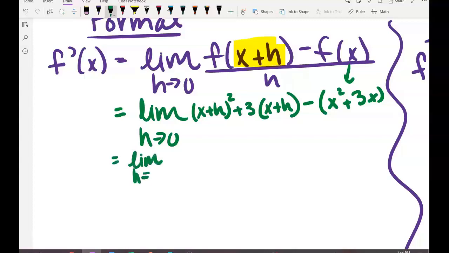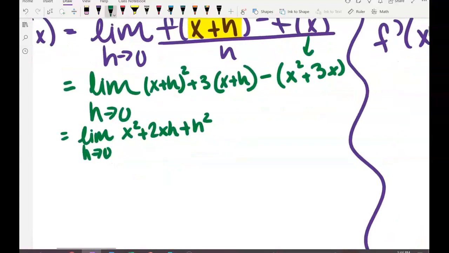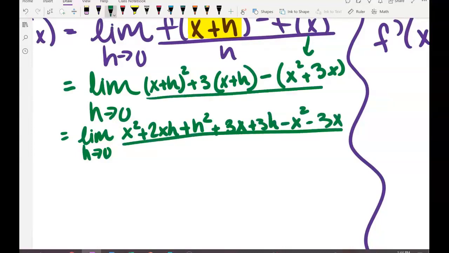So the limit as h approaches 0, FOIL the first quantity, that's going to be x squared plus 2xh plus h squared. Then distribute your 3, plus 3h, distribute the minus sign, so minus x squared minus 3x, all over h. Then from here, see if we can cancel anything out.